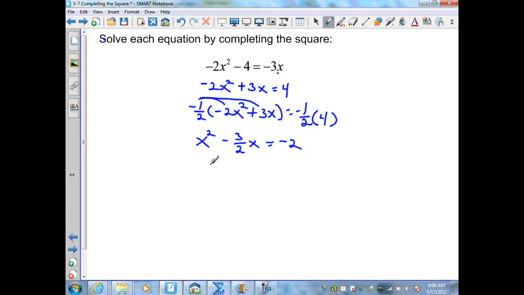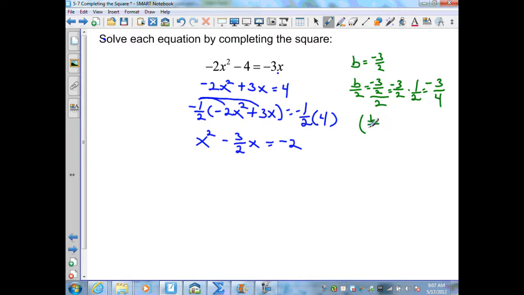Now I need to complete the square. B is equal to a negative 3/2. B over 2 is equal to a negative 3 over 2 divided by 2, which equals a negative 3 over 2 times 1/2, which we know equals a negative 3/4.